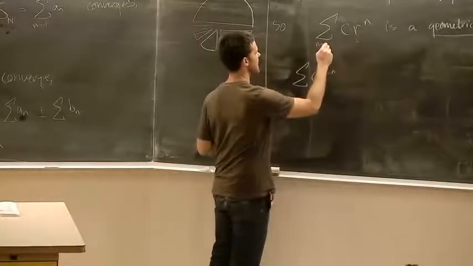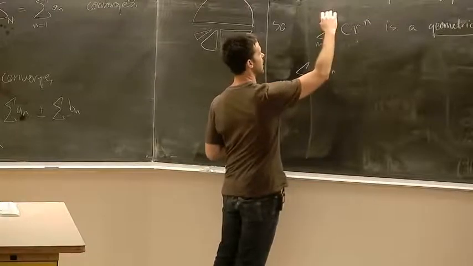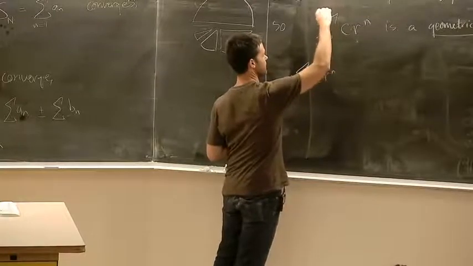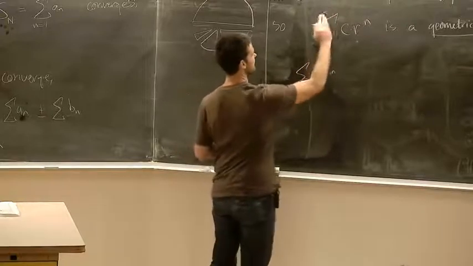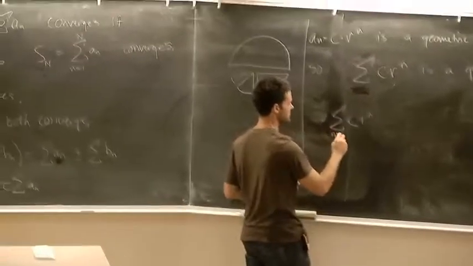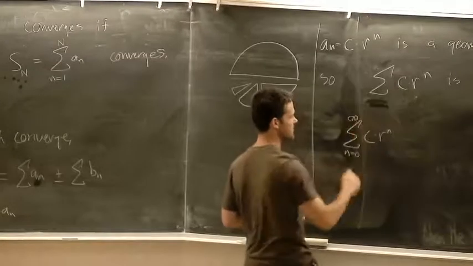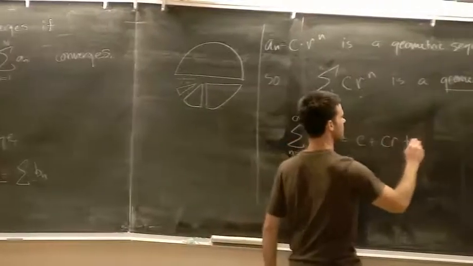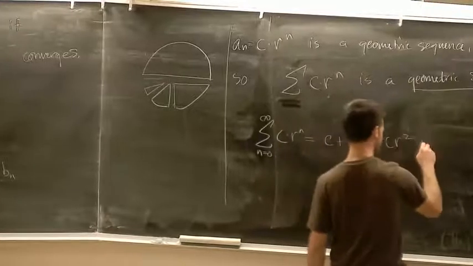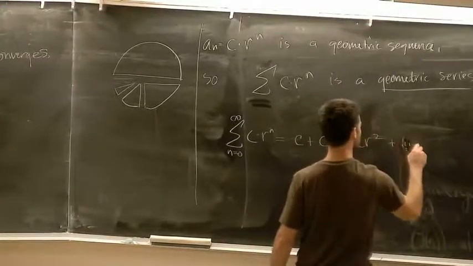It doesn't really matter, as I will show you. So let me start writing out terms. The first one is C, and then Cr, and then Cr squared, and on and on.